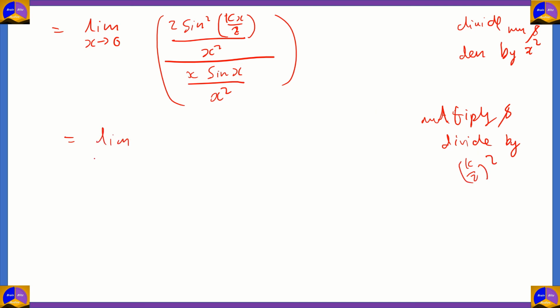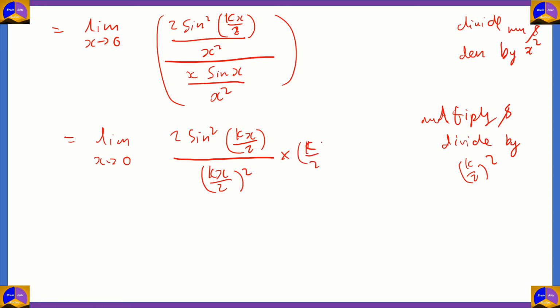So let's do it. Limit x tends to 0 of sine square kx by 2 divided by kx by 2 the whole square times k by 2 the whole square.